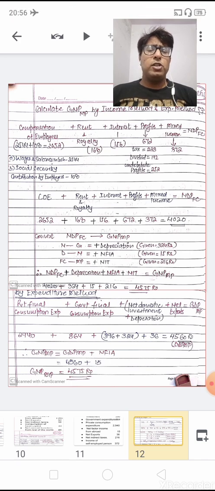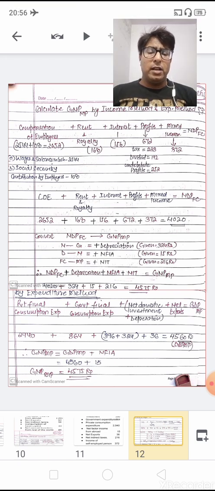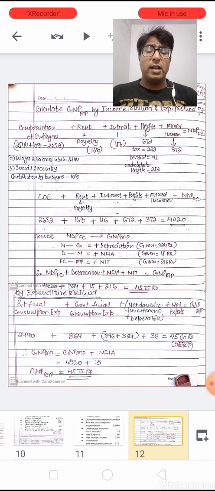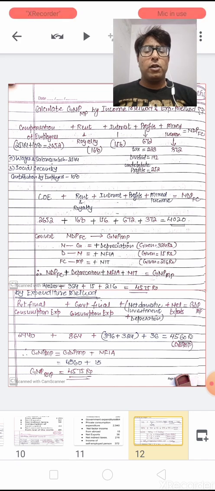and we are all very well aware that when we are calculating GNPMP, then it is always equal to GDPMP plus NFIA. I mean gross domestic product at market price is added with net factor income from abroad, and we will get the value of gross national product at market price.